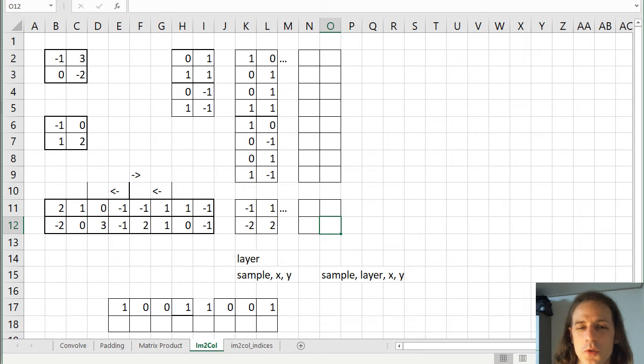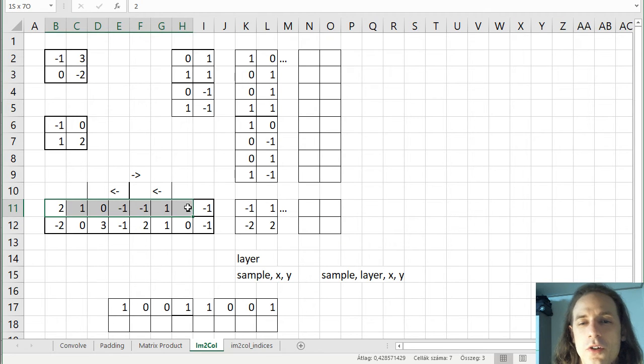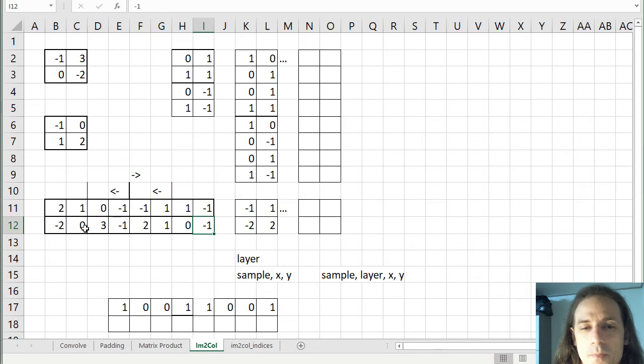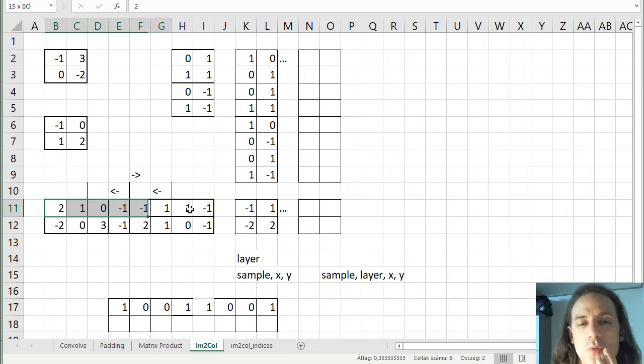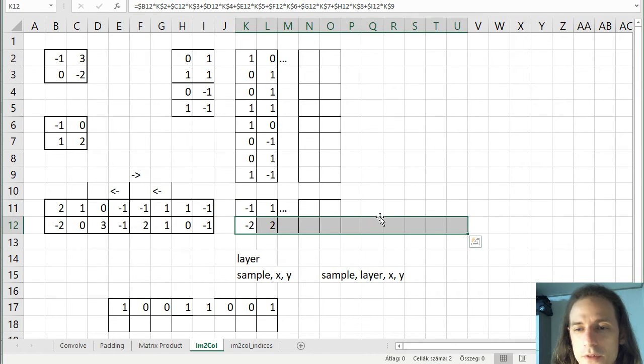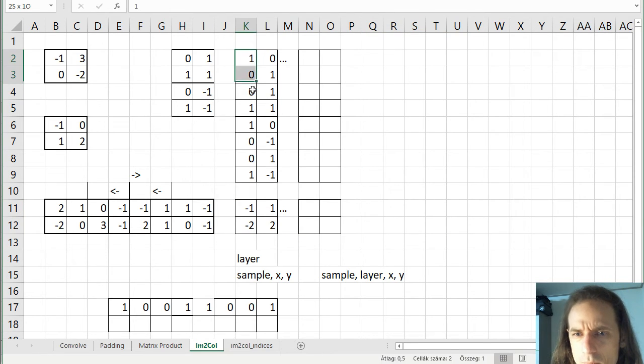I probably have talked a lot and shown not much. But anyway, how it comes to life is that the kernel is here, and the kernel has 2 output layers. So it has 2 rows, and that's how the flattened y values also have 2 rows, while the x is flattened like this, so all the parts are flattened.